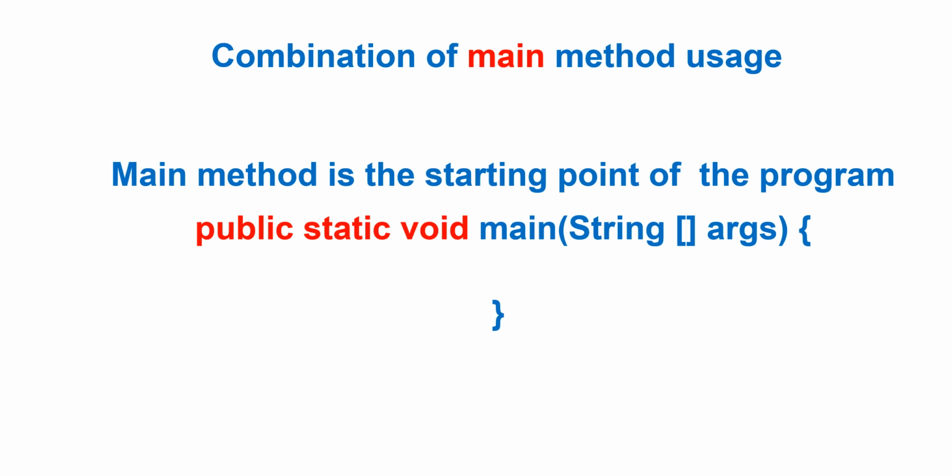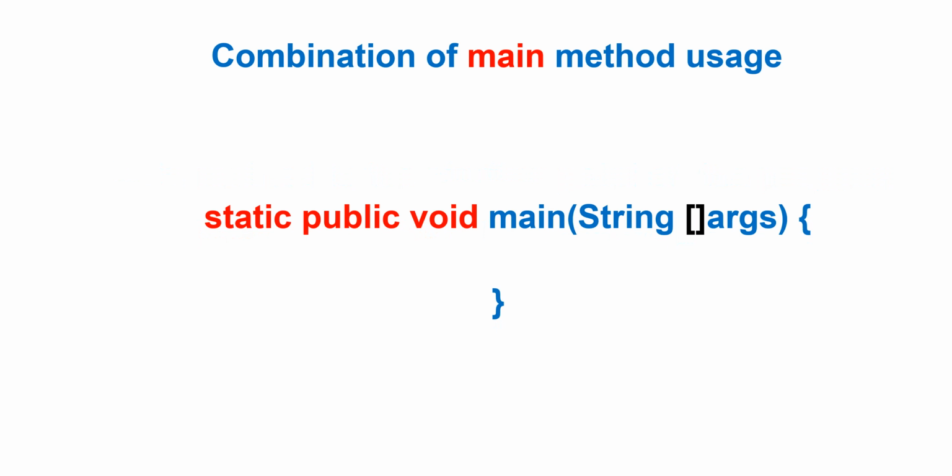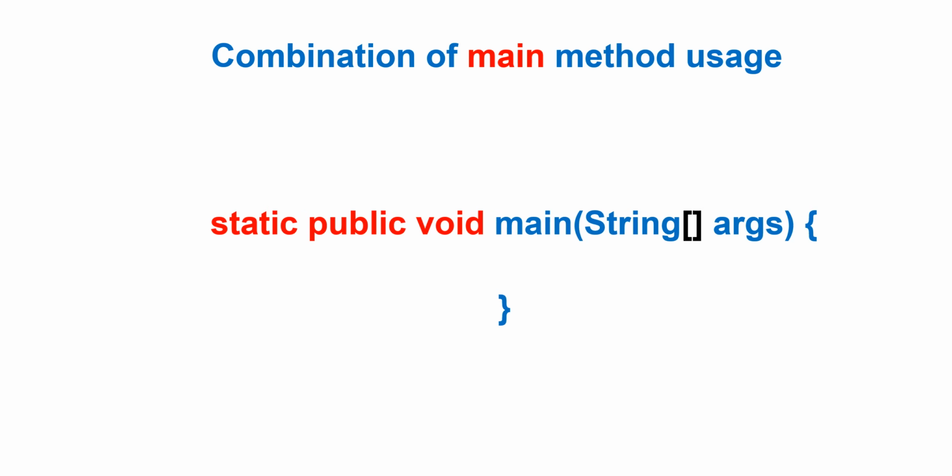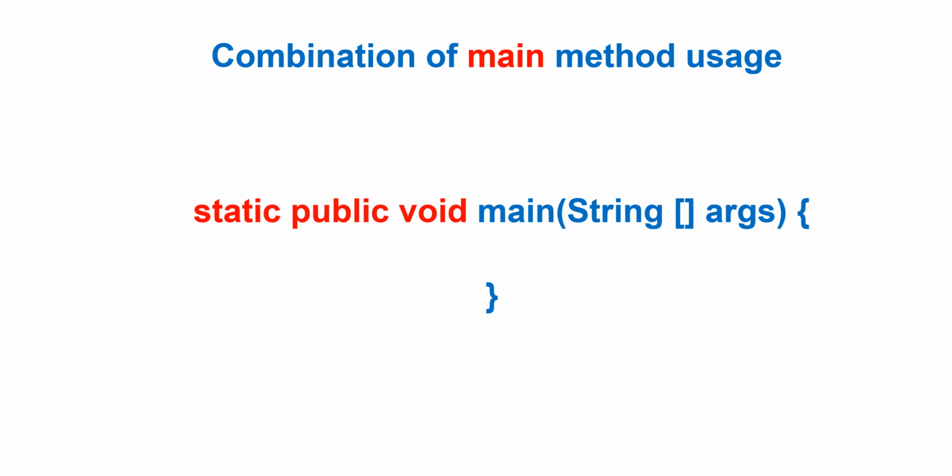The next thing is, there are several combinations for declaring a main method. I can declare a main method using public static void main, String array args. Or I can flip it like static public void main, String array args. I can declare it that way as well. Again, I can remove the space between String and the array brackets and leave the space before args.